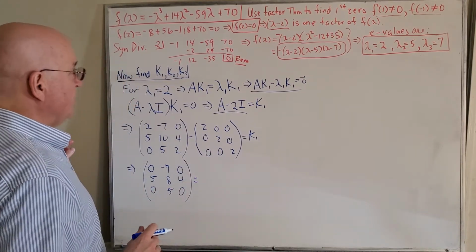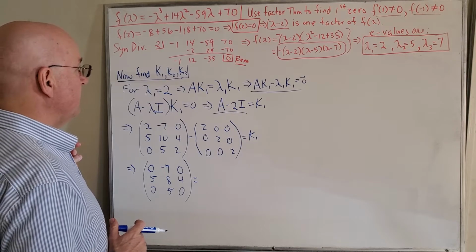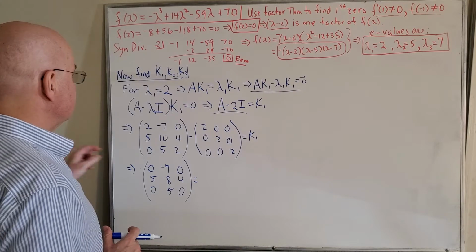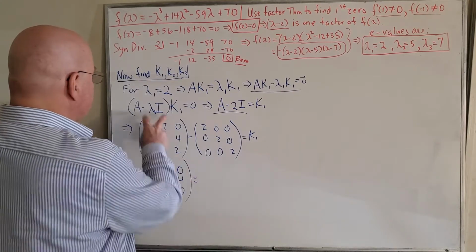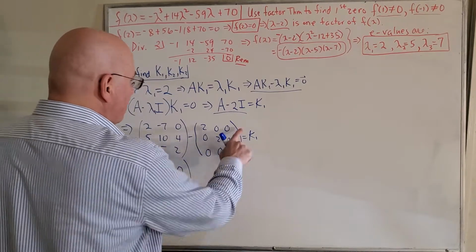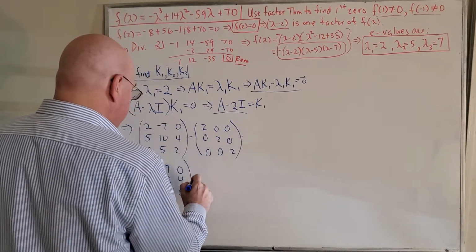So that is equal to, let's see, maybe I said that wrong, didn't I? This is this. This times k1 is equal to 0.